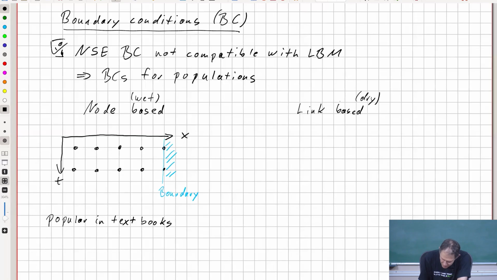They have been very popular, in particular in the beginning of the Lattice Boltzmann world, so actually in the last century. It has been relatively soon observed that most of these boundary conditions are not very stable. They are orientation dependent.